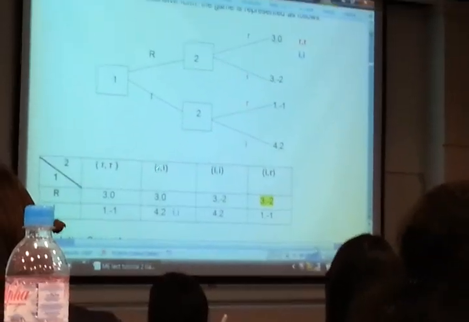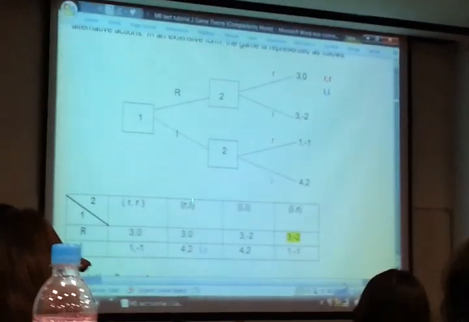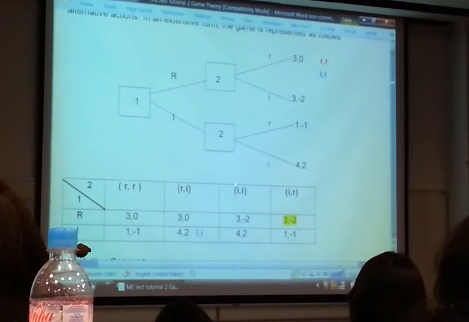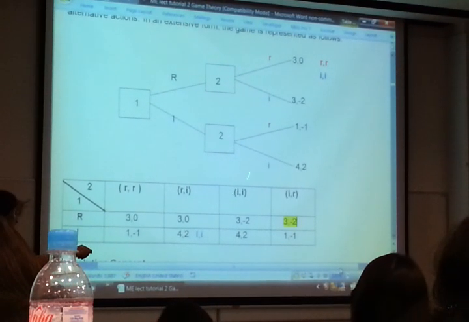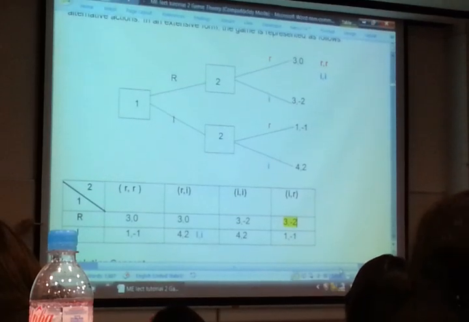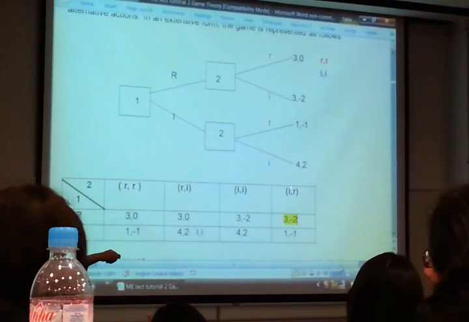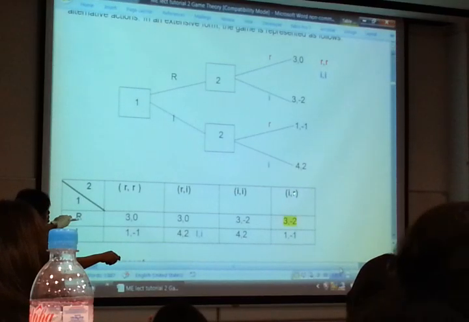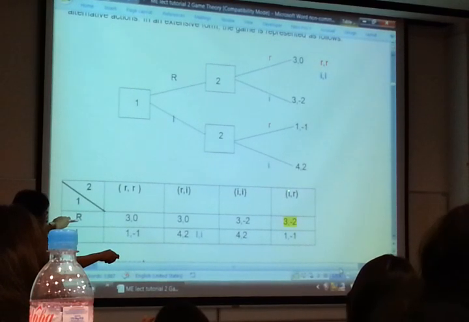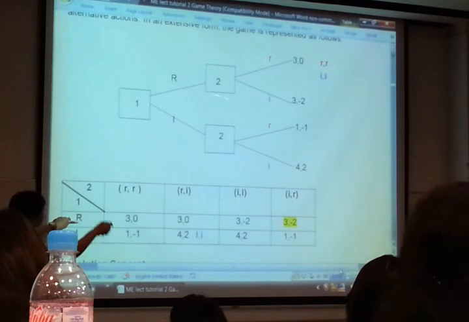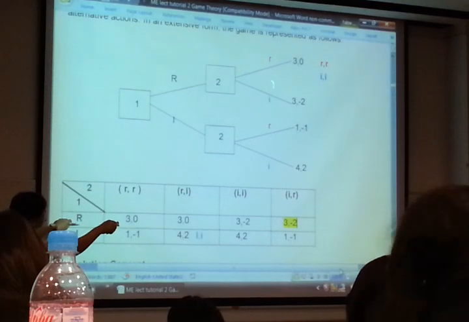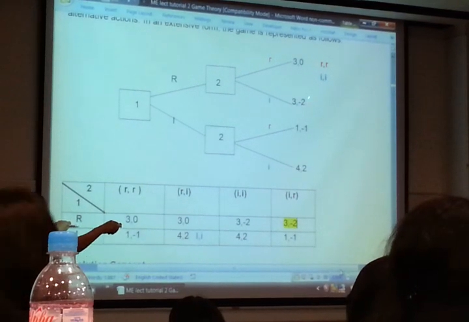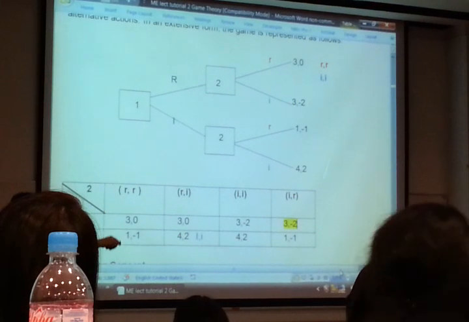Column 1, column 2. Okay, so very simple. Row 1, column 1 or column 2? Column 1. So big R, small l, here. Okay? Big R, small l.